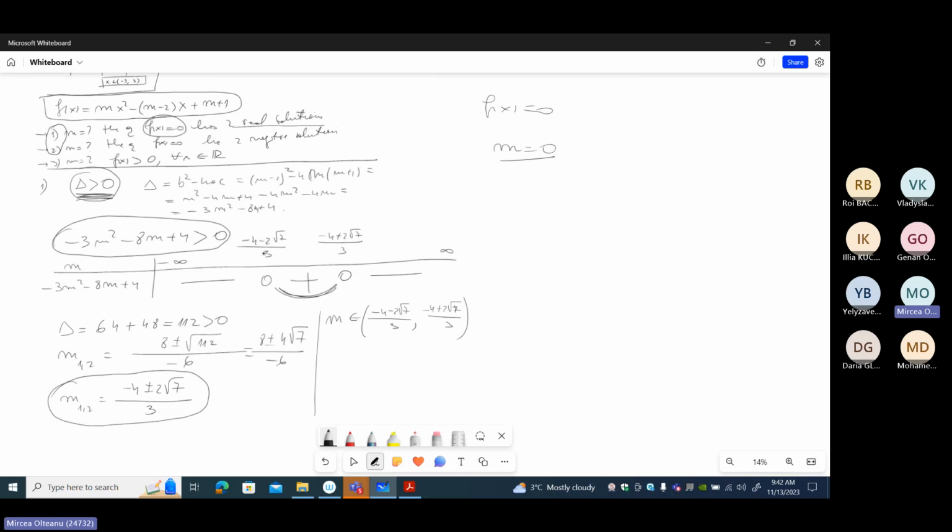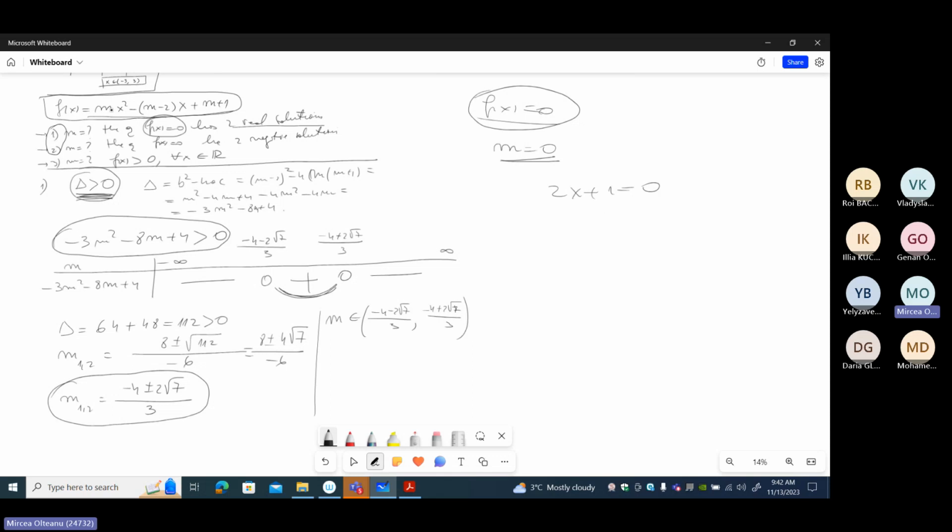So everything we did here was okay, as long as the equation f of x equals 0 is a quadratic equation. And consequently, we applied the theory of the quadratic equation. But when m equals 0, this is not a quadratic equation. Actually, when m equals 0, we have what? We have the equation 2x plus 1 equals 0, because f of x when m equals 0 gives us 2x plus 1.